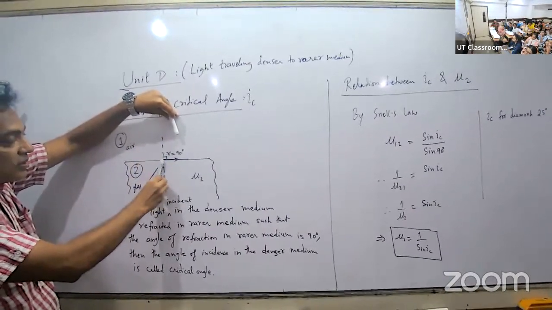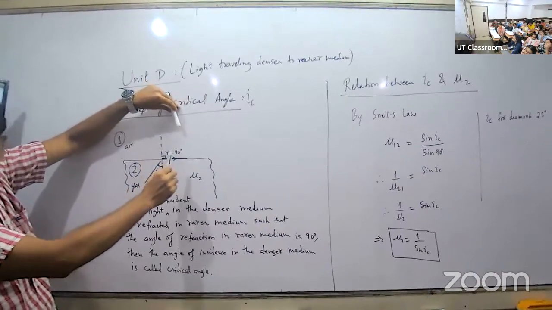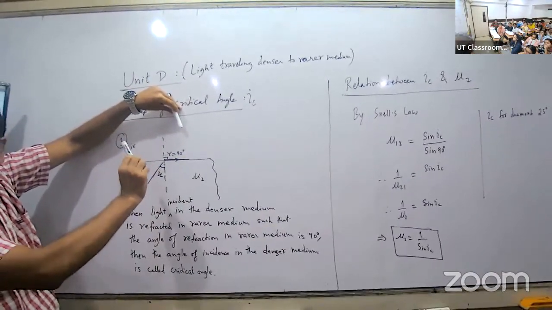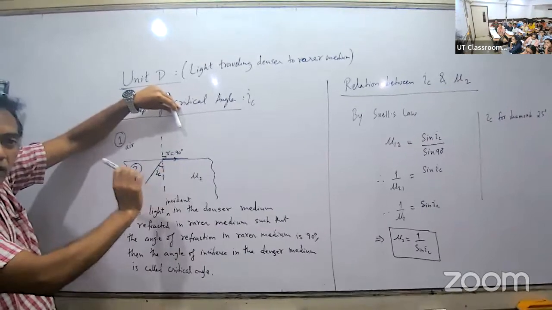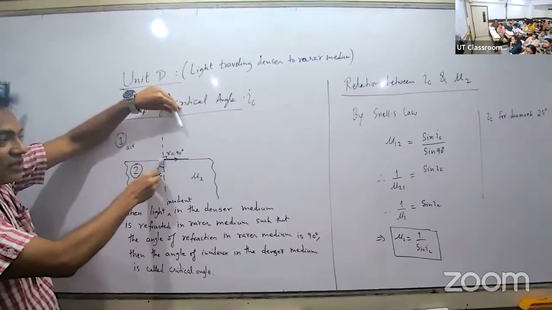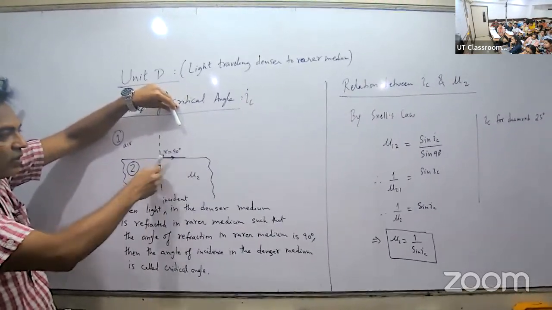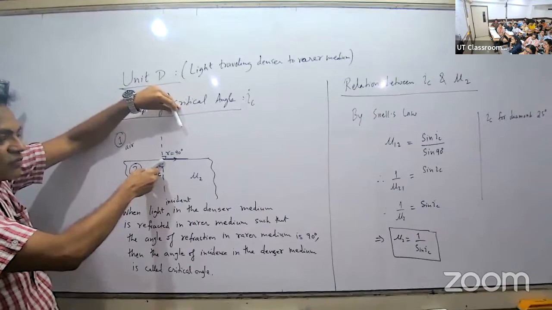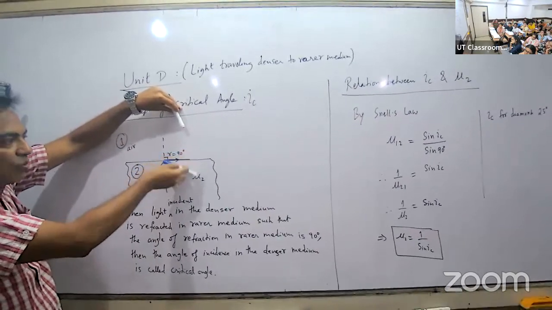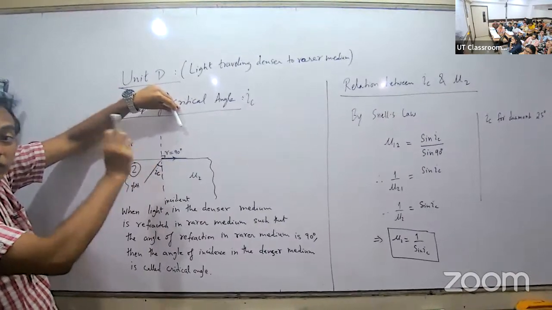Slightly increase, now it will be in the rarer medium, it will have some angle of refraction greater than angle i. R is always greater than i. Now you reach IC, now IC is the limit, when the angle of refraction is 90. What if now you increase it further? It goes inside. Reflection.